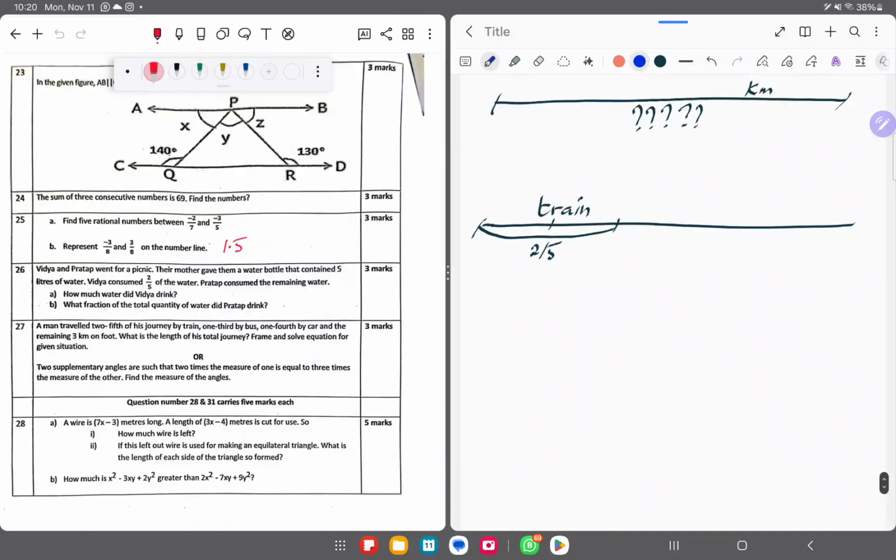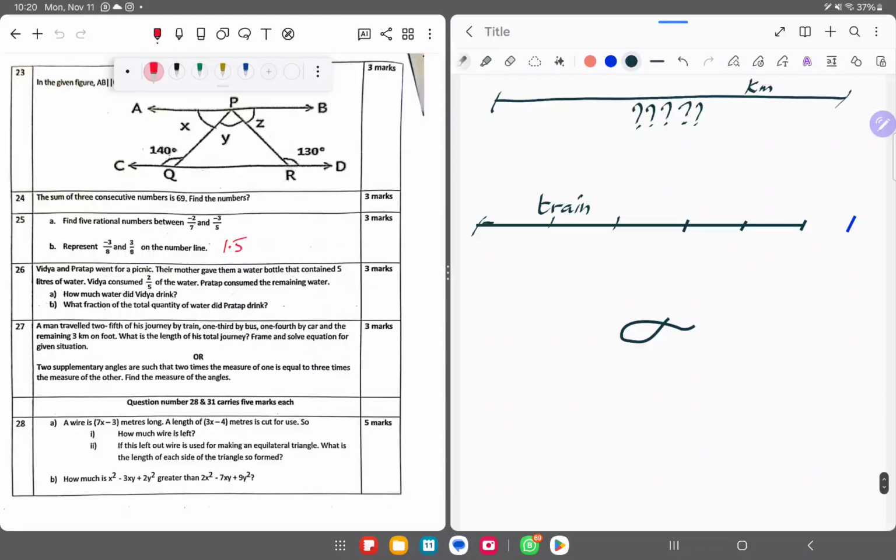Okay, this is 2/5. I need to keep the colors that I'm writing with. 1, 2, 3, 4, 5. Okay, train 1, 2, 3, 4, 5.